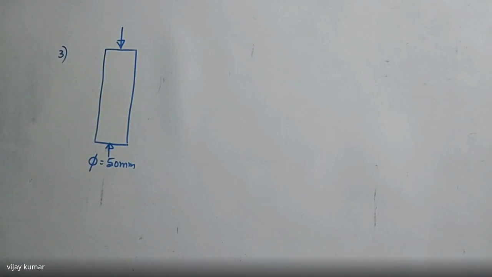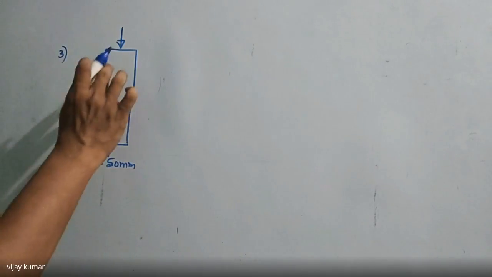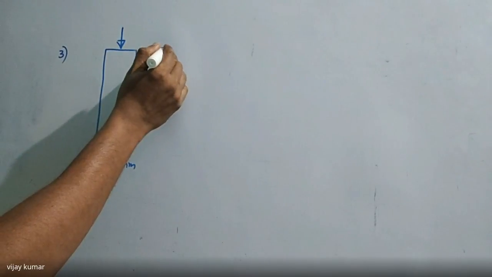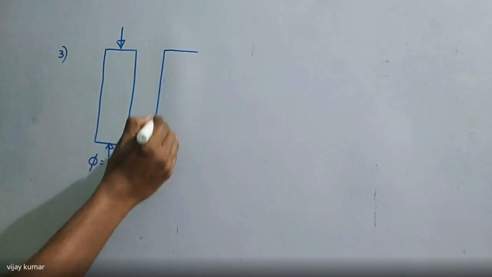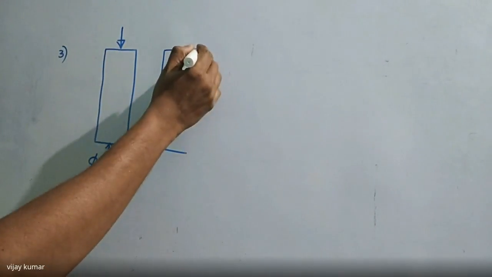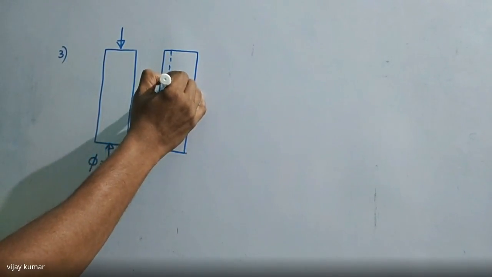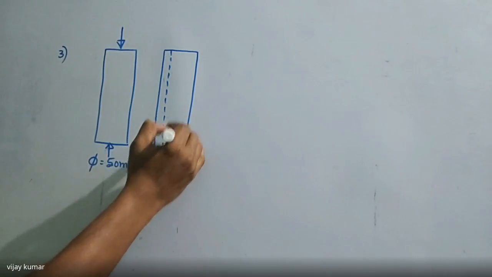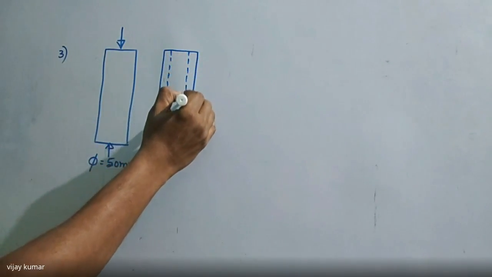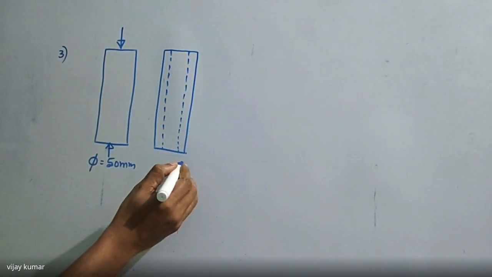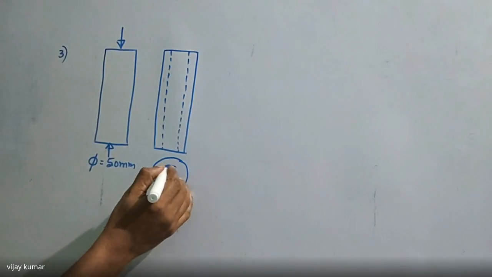It is replaced by a hollow circular section. So I'm going to replace it by a hollow circular section. This is the hollow circular section.